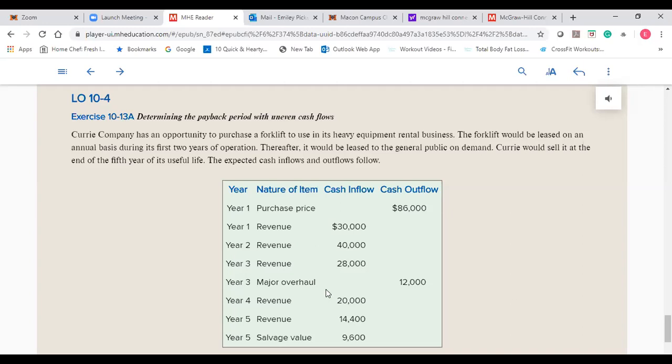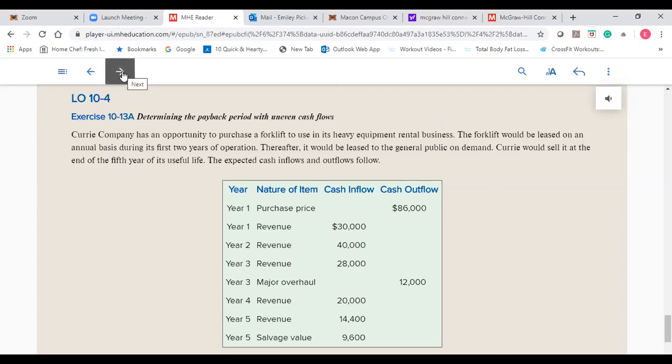Then I can take my cash outflow divided by 26, and that gives me 3.3. So that's a little bit different than what we did when we just subtracted, but it's not a whole lot different. When we're doing just a quick calculation like this, it doesn't make a huge difference.